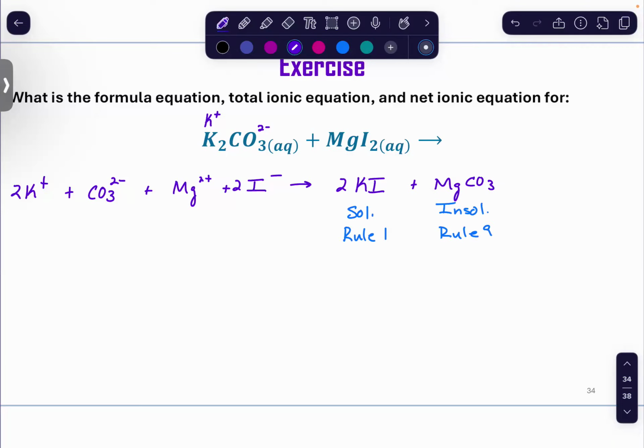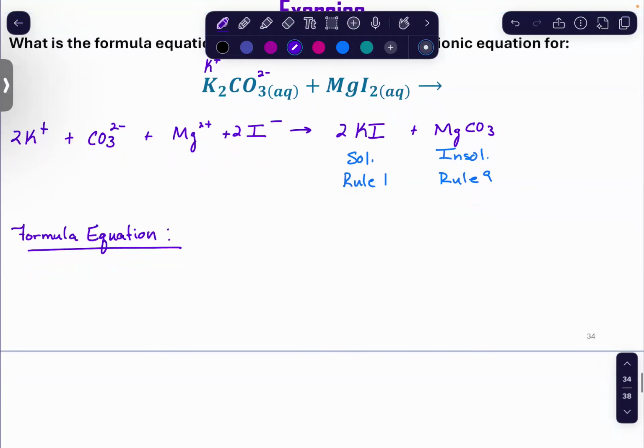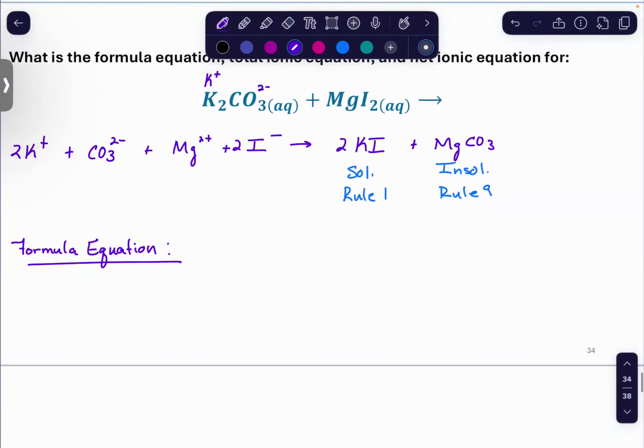Okay, so now I can go ahead and put everything together, make sure I balance the equation, and write my formula equation. When you're doing your predictions, I'm not too worried about the phase on your ions. When you're doing your ionic equations, I am.